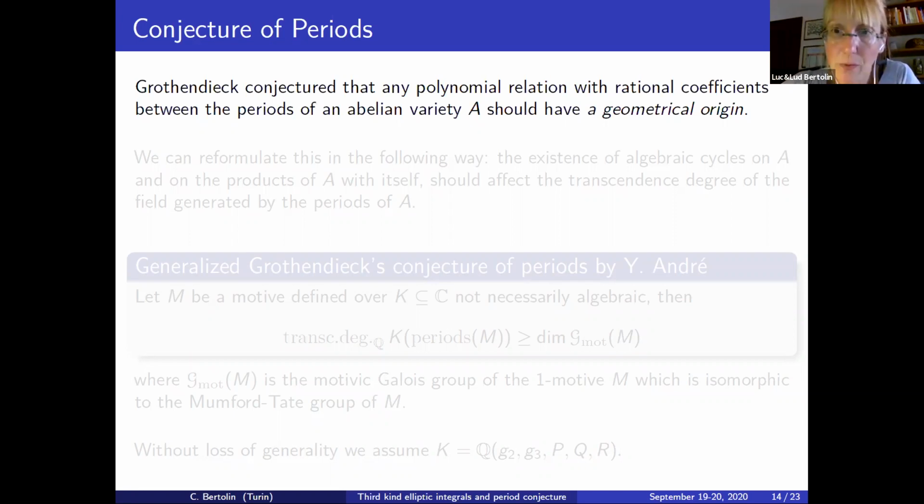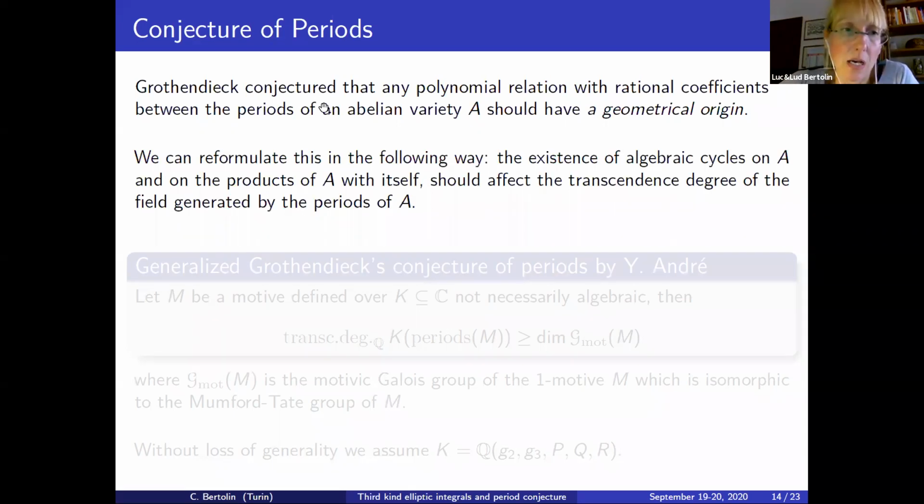Later, Deligne reformulated this, saying that the existence of algebraic cycles on A and on the product of the abelian variety with itself should affect the transcendence degree of the field generated by the periods of the abelian variety.